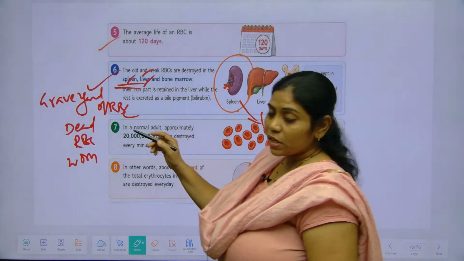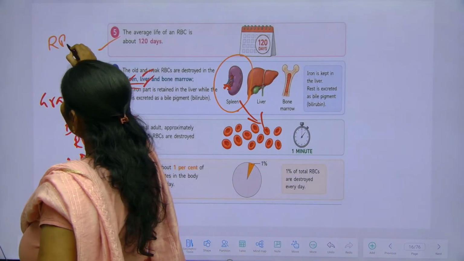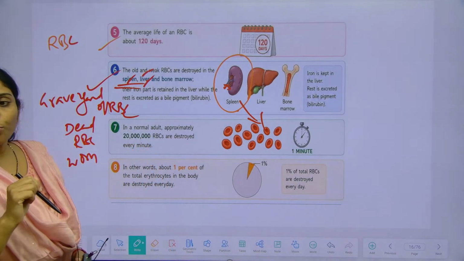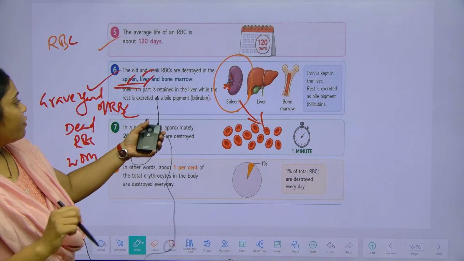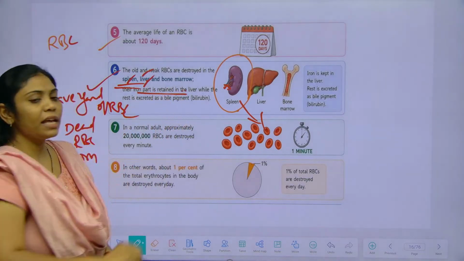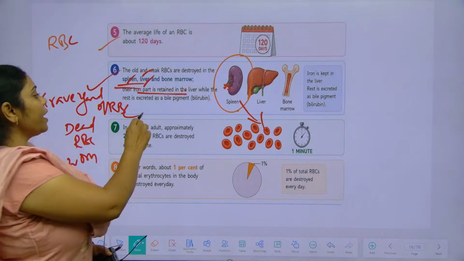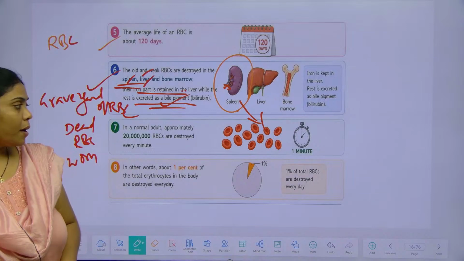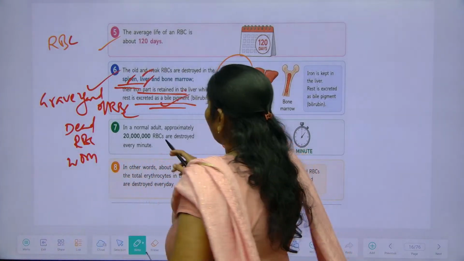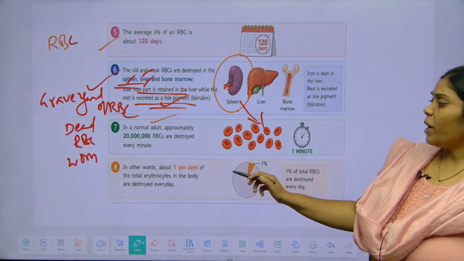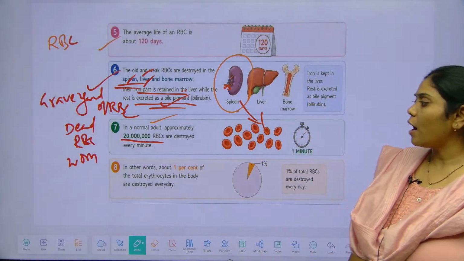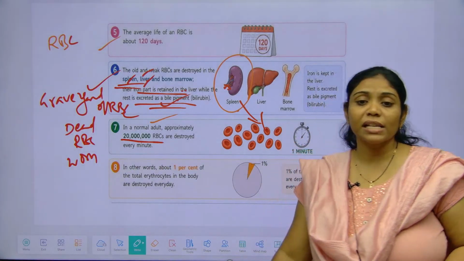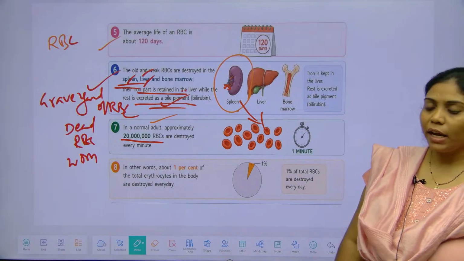RBCs, as we discussed, have pigment. In the pigment, iron is there, protein is there. The iron part is retained in the liver itself, and the remaining is excreted as bile pigments. In an adult human, what number of RBCs is destroyed every minute? 20 lakh RBCs are destroyed every minute in adults.